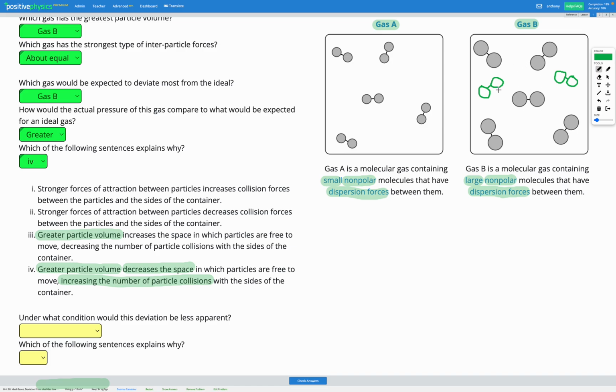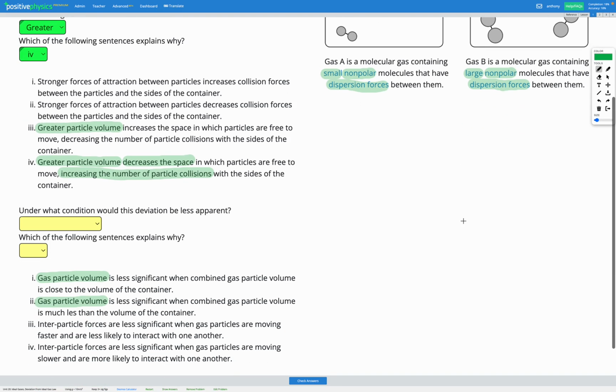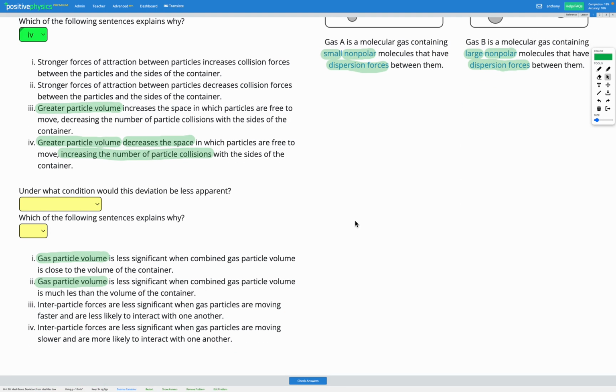So in this case, when we've added particles and got a higher pressure, it's like the volume of the container has decreased even more. So by having a lower pressure and having more spread out gas particles, we're making the combined gas particle volume less significant when it's much less than the volume of the container. So we're looking at option 2 for the description.